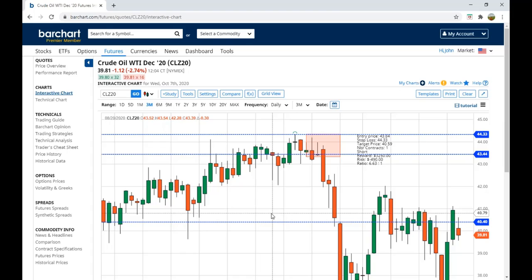But not all futures markets allow us to do this. There's a lot of different futures markets that trade at different price increments and different point values. So to do that math might not be that easy. Crude oil is one of the easier ones to look at.